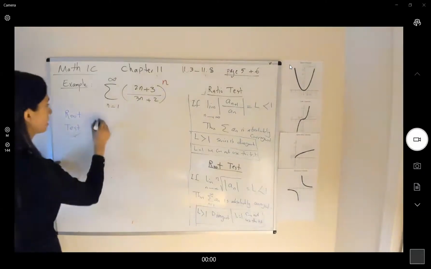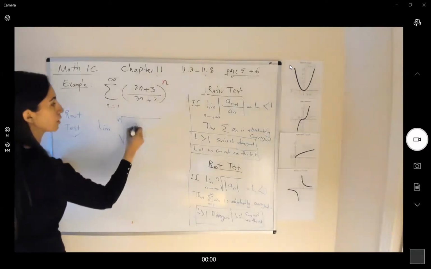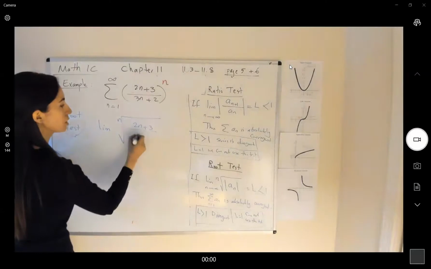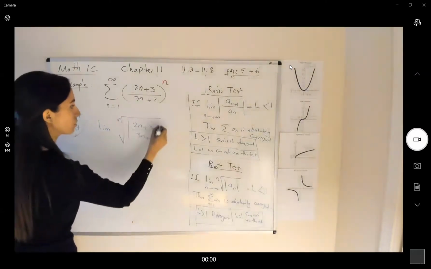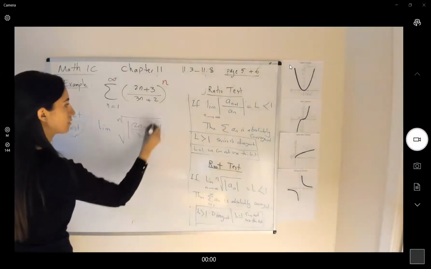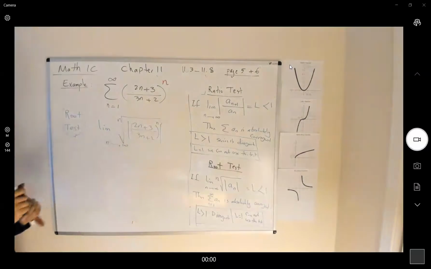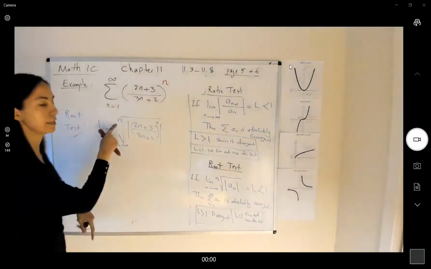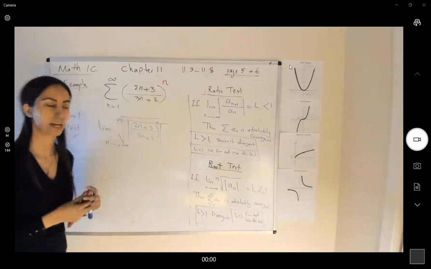The root test says I take the limit of the nth root of (2n plus 3) divided by (3n plus 2). I just put everything inside absolute value, and here I have the nth root, while n goes to infinity. Very well. The index and the exponent are the same, so I can get rid of my radical.